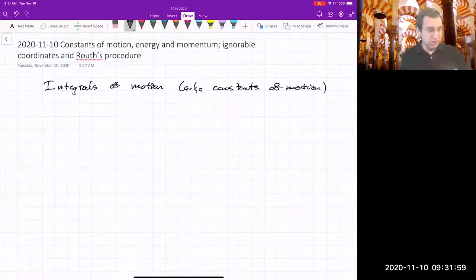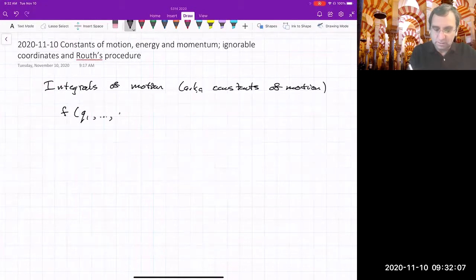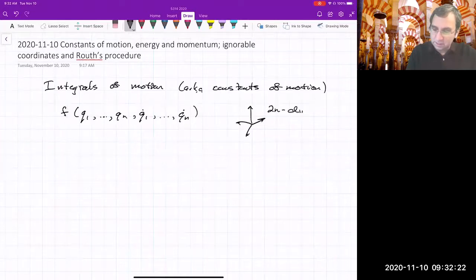These are functions of your phase space. So once we're in the generalized coordinates, q's and q dots. So if we have n q's and n q dots, then we've got this sort of n-dimensional, actually 2n-dimensional phase space.